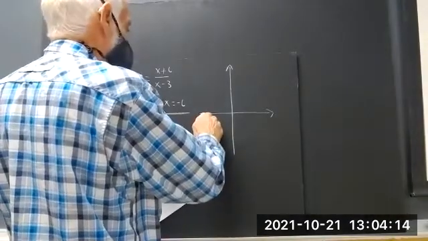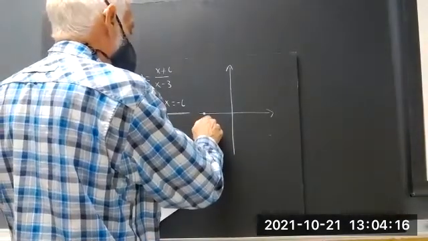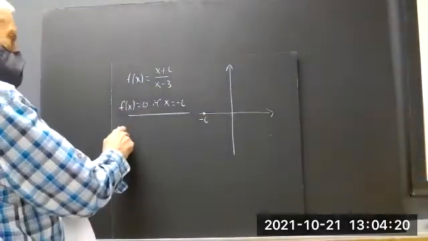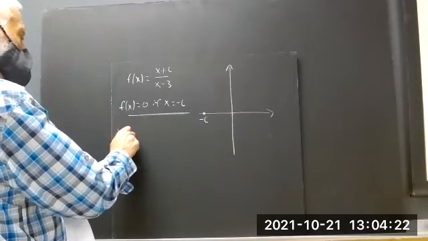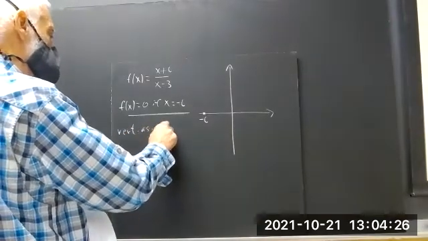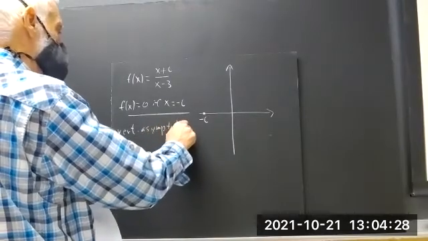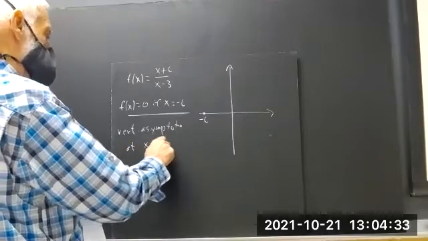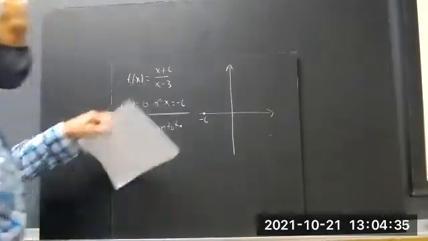Negative 6, that's going to be 0. We have one flash of hope that x equals 3.